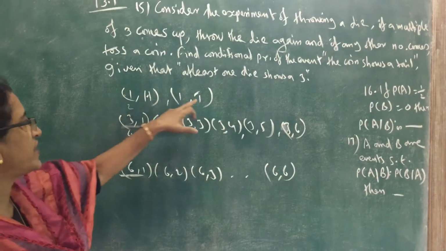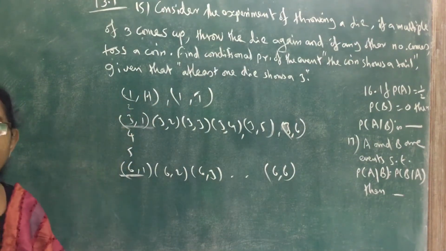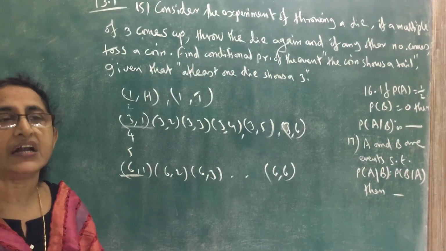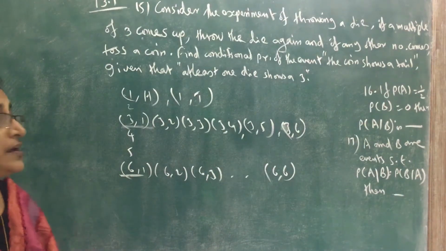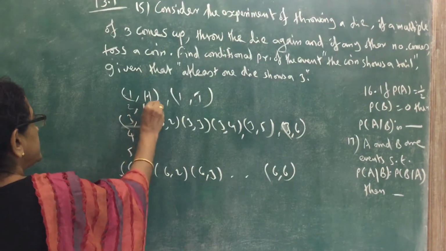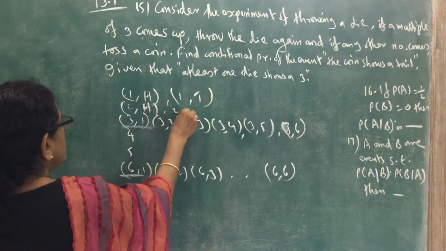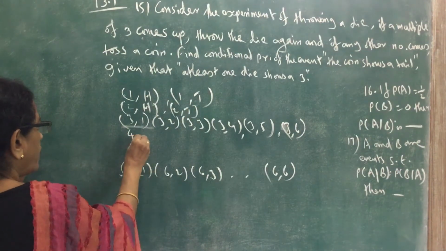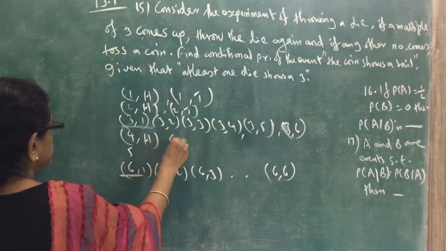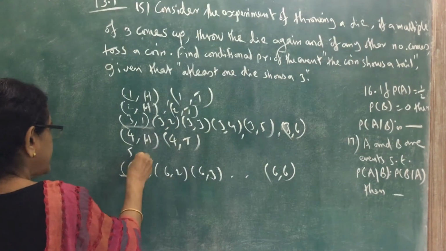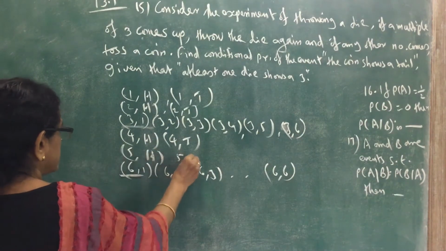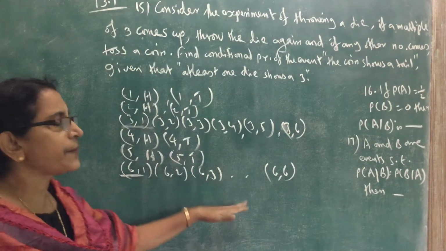In the case of 2, you also toss a coin, so you get 2H, 2T. Then 4 also, 4H, 4T, and 5H, 5T. So these are the possible outcomes.